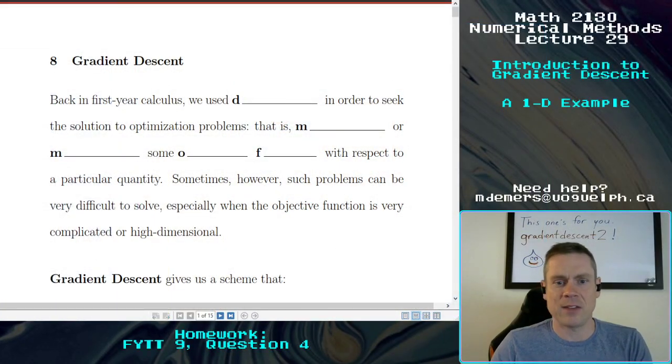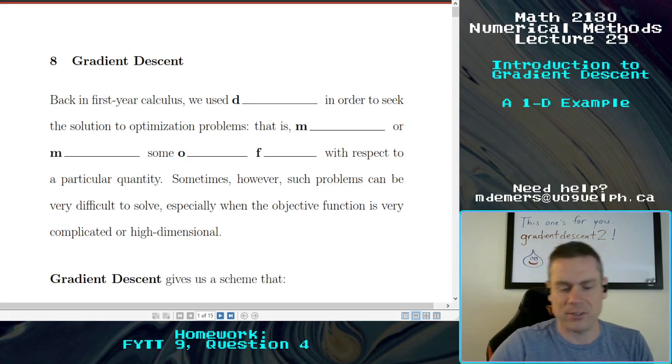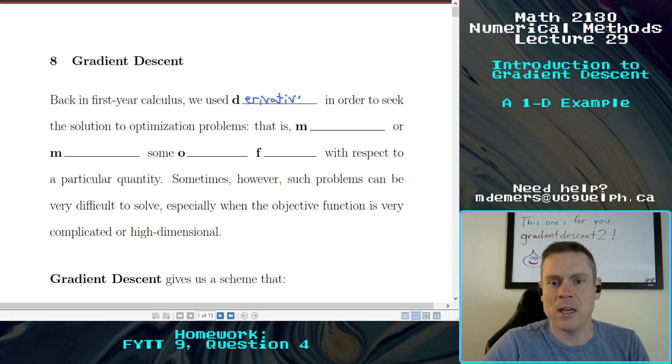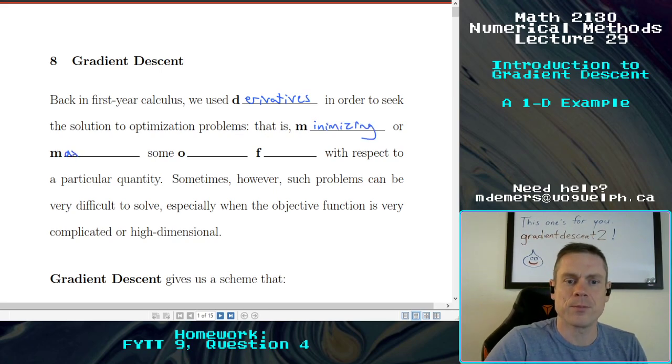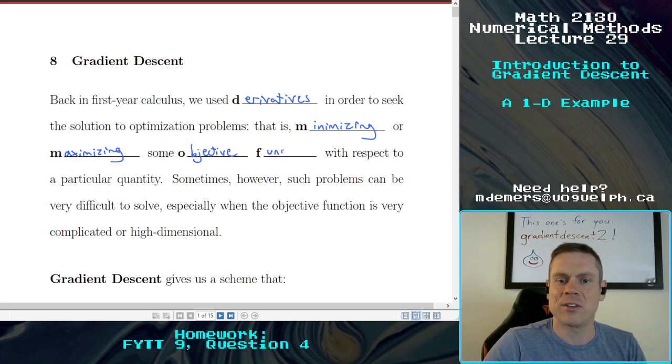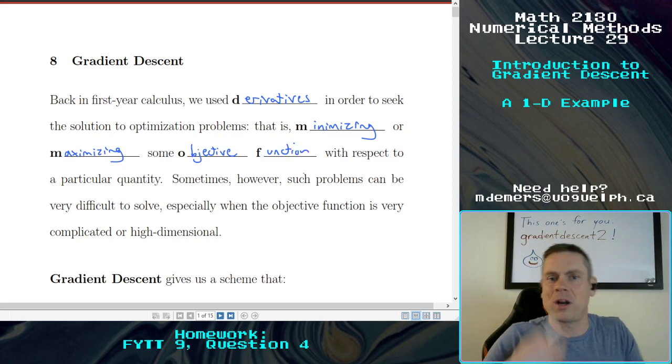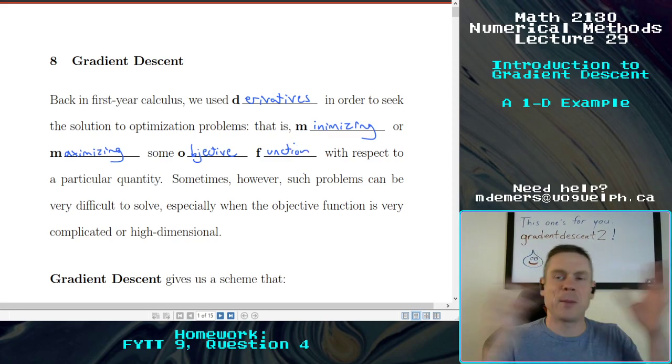So gradient descent. Back in first year calculus, we used derivatives in order to seek the solution to optimization problems. That is minimizing or maximizing some sort of objective function. You know, we've seen functions like cost and minimizing cost or maximizing area.